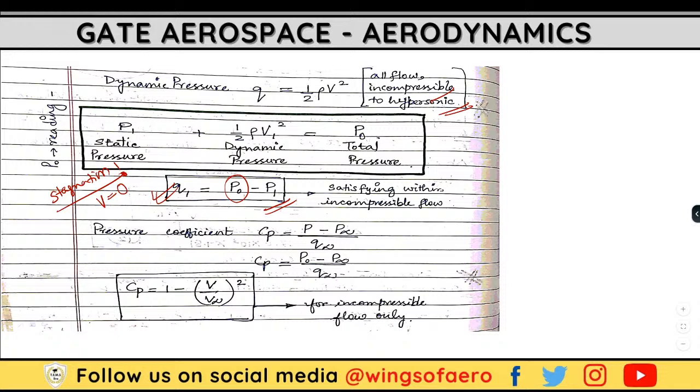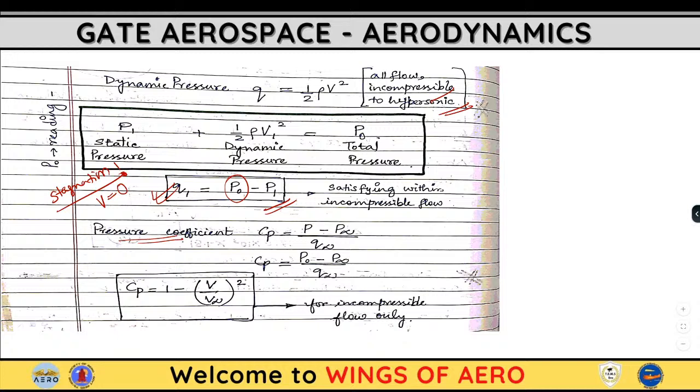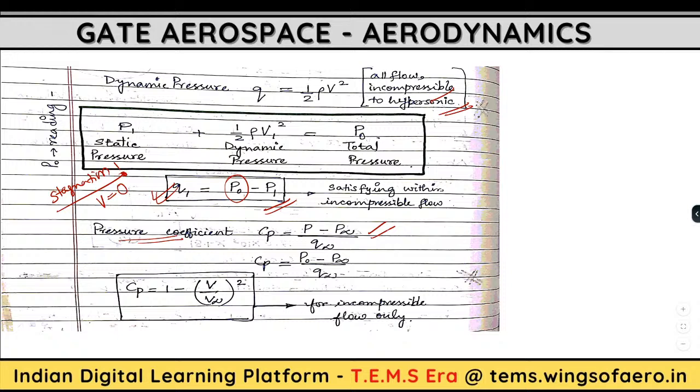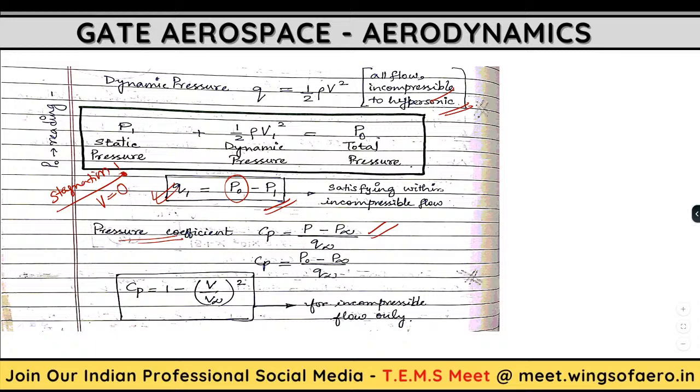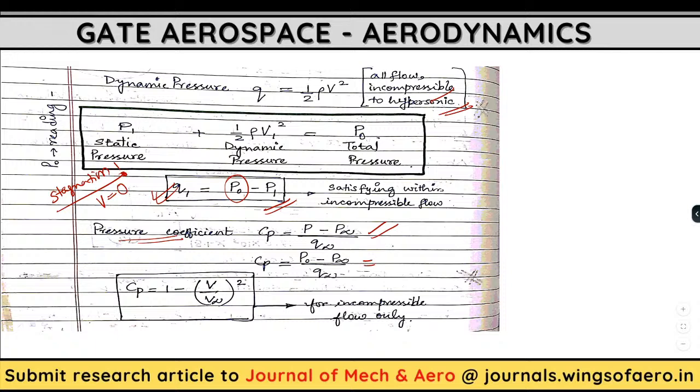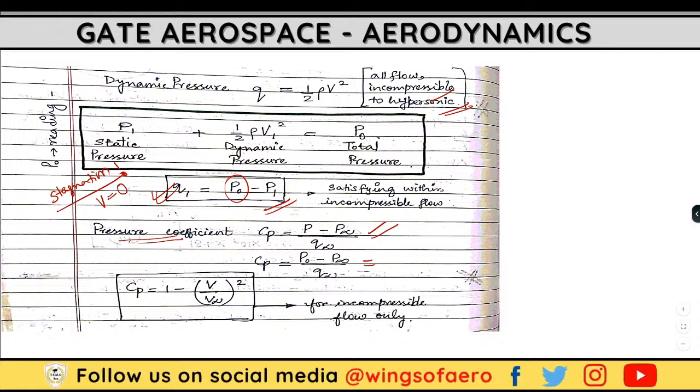Now there is another important thing to understand: the pressure coefficient, or coefficient of pressure. This is the formula. Most of the time we get confused about how to remember it. P naught means, whenever the question is given, the reading or measurement from the pitot tube.